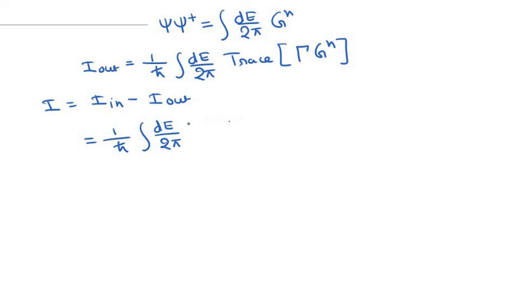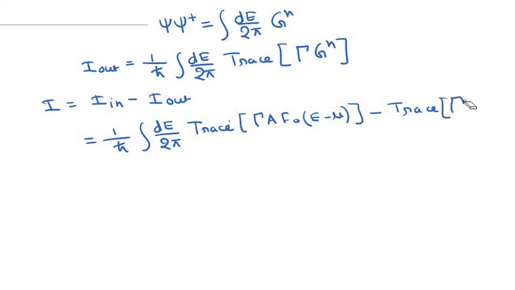Actually we have this trace over here, so trace of gamma A, and F0 is again a number, so we can include it inside the brackets, minus trace of gamma times Gn.